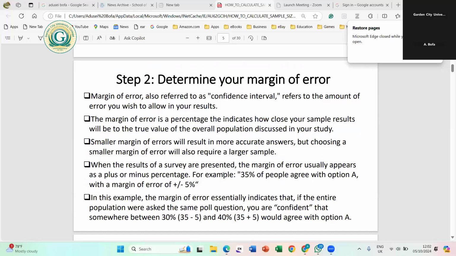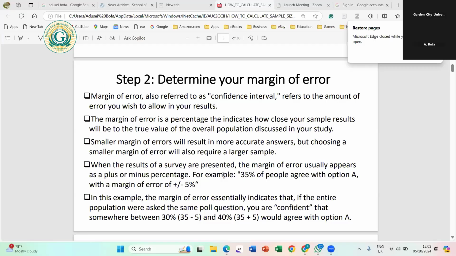Nobody is going to tell you to use this margin of error. Let's say you are saying that I'm going to use 5% margin of error, 30% margin of error, 20, and so on and so forth. So you will determine your margin of error.